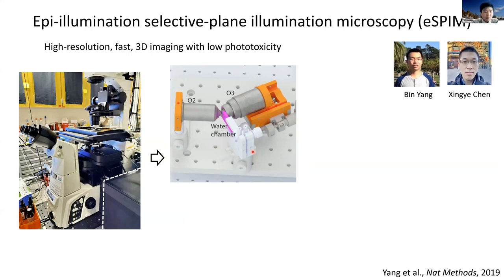To take movies of those proteins, one way to solve the photobleaching problem while still being able to acquire 3D stacks is to switch to light sheet microscopy, because in this case we only expose the focal plane which we are imaging.